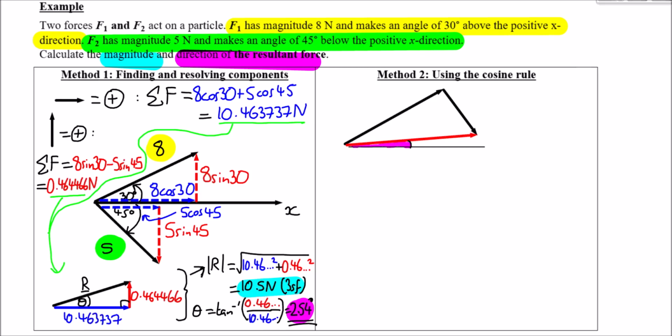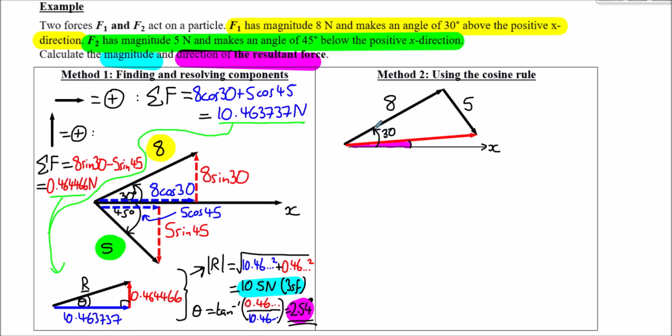So let's label on the magnitudes. So 8 newtons that way, 5 newtons going down, and of course we knew this was a 30-degree angle going up from the horizontal, because it acts 30 degrees up from horizontal. I've labelled here the x-axis, so all of this angle there is 30 degrees.